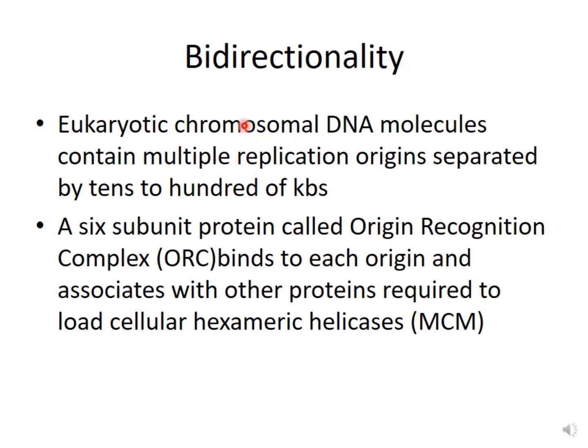Eukaryotic chromosomal DNA molecules have multiple replication origins separated by tens to hundreds of kilobases. So you have replication taking place in different parts of the chromosome. There's a 6 subunit protein called the origin recognition complex, or ORC. This ORC binds to each origin and associates with other proteins required to load the cellular hexameric helicase MCM, which is similar to the T antigen that we mentioned earlier, and whose function is to unwind the double helical DNA at the replication origin.